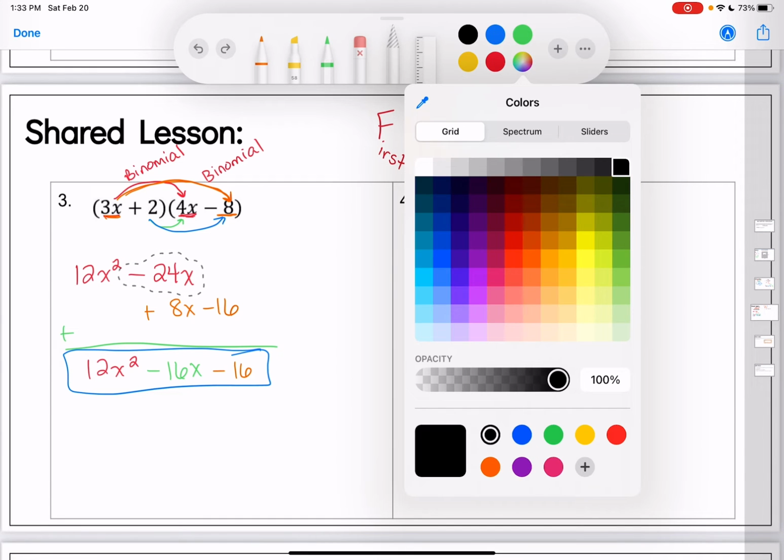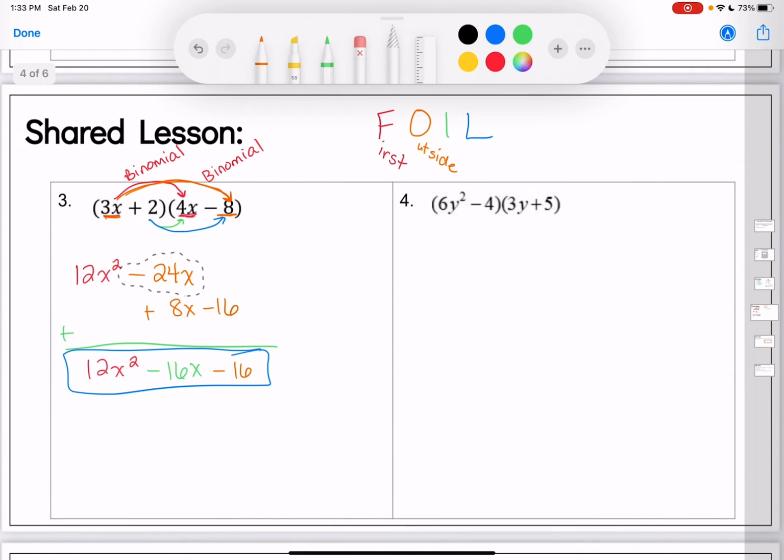Change my color scheme, here we go. Those were the outsides. Notice they're the outsides of the, if you look at the whole problem, the first and the last, right? The outsides. All right, after that, I multiplied the insides. The 2 times the 4x.